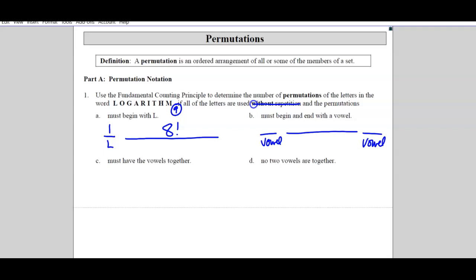Begin and end with a vowel. Okay, so how many vowels are there? O, A, I. There's 3 vowels. So to start, we have a choice of 3 vowels. We've used one up, so now we have a choice of 2 for the end. It does not say exactly one vowel, so the next one can be a vowel or not, right, because there's 3 vowels.